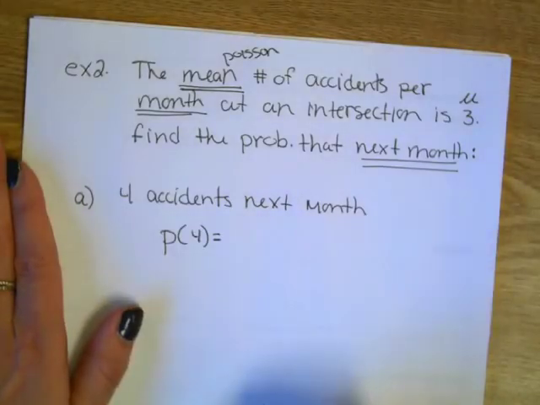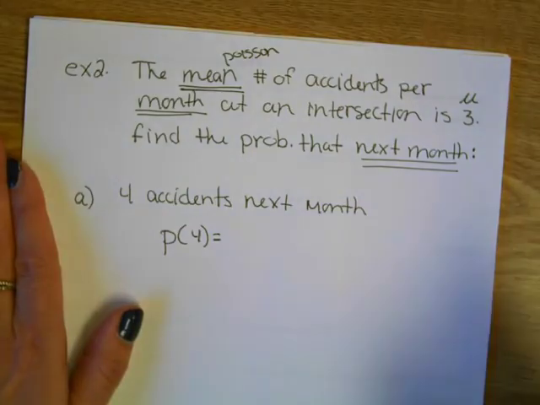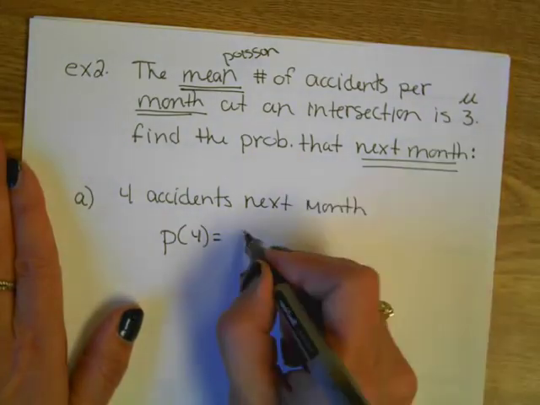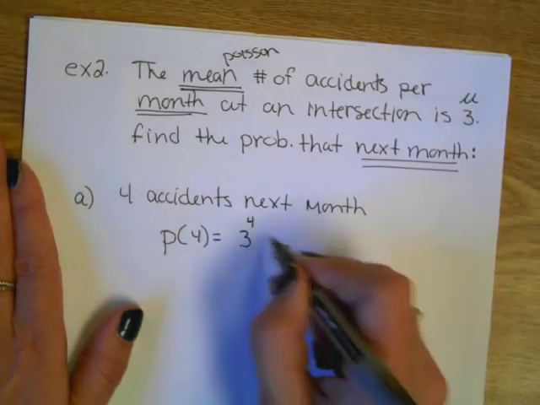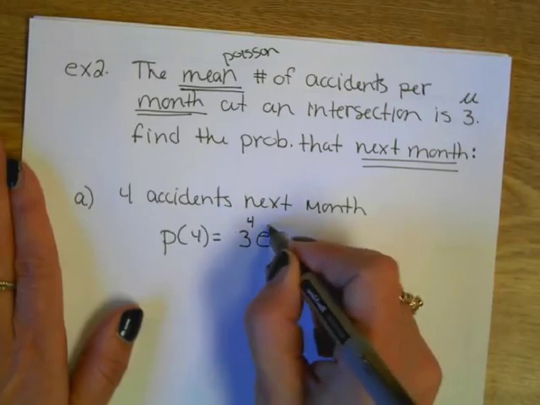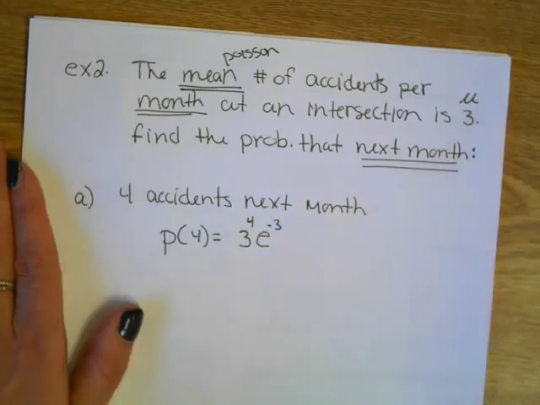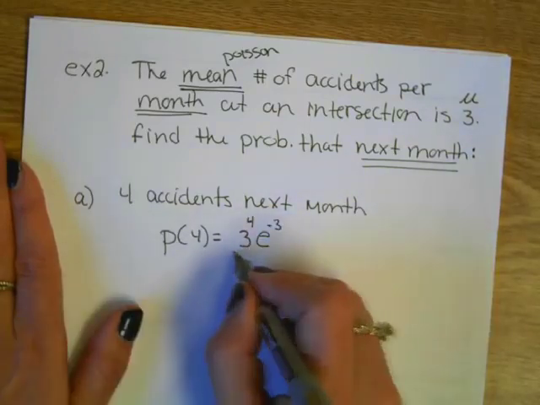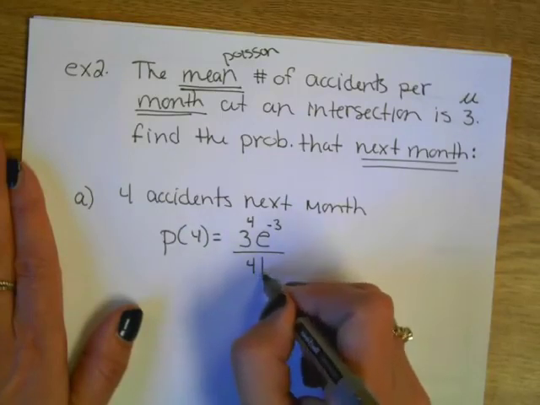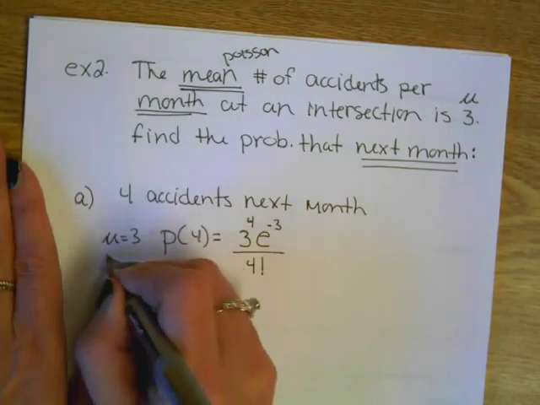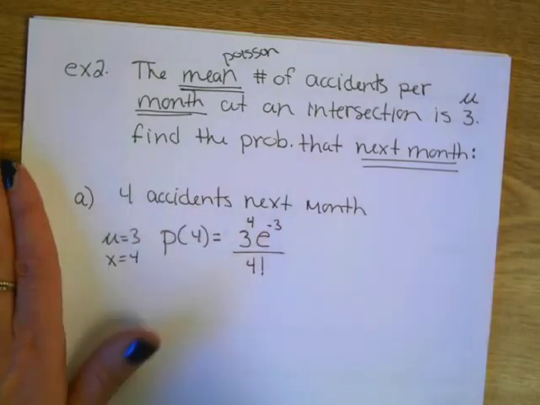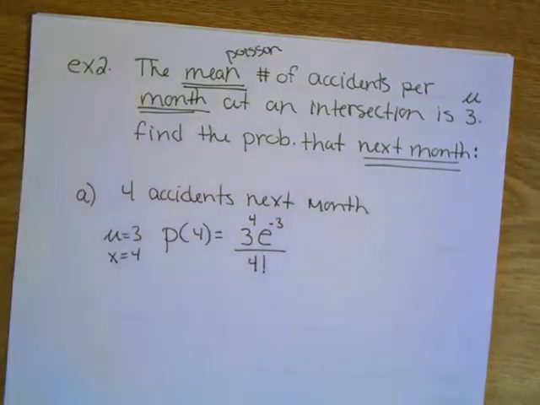The formula that I gave you earlier was mu, which is 3, raised to the x, which is 4, times e raised to the negative mu, all over x factorial. So maybe you want to write down that mu is 3 here, x is 4. Let me grab a calculator.